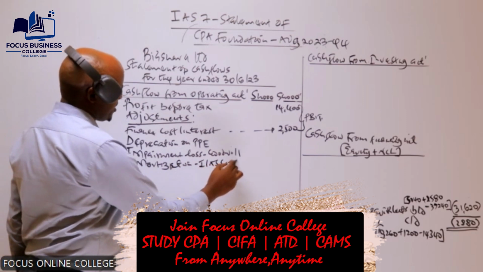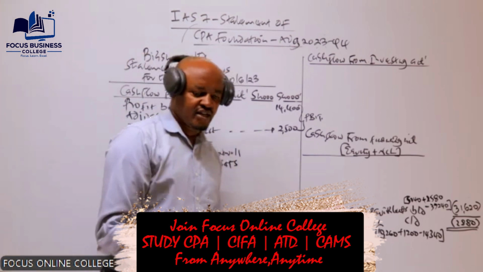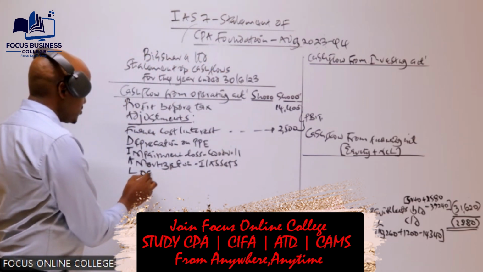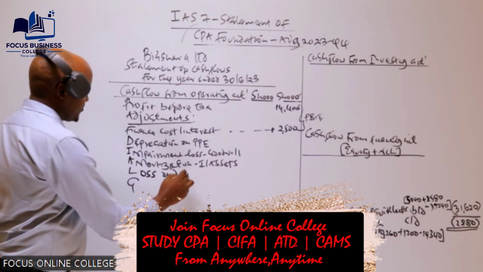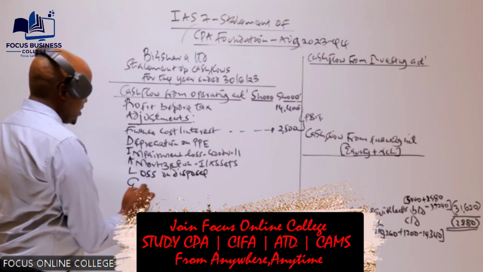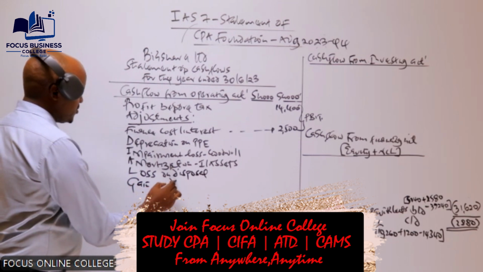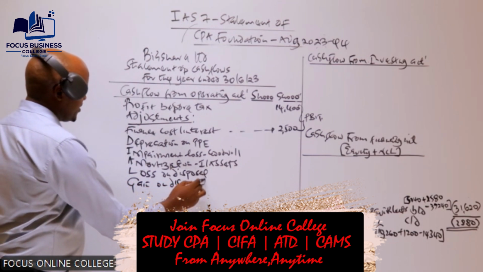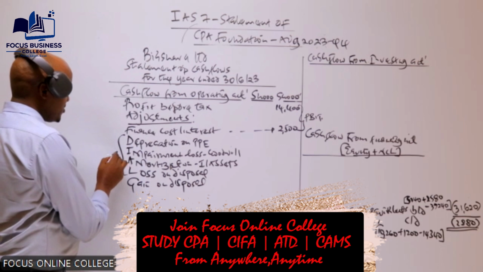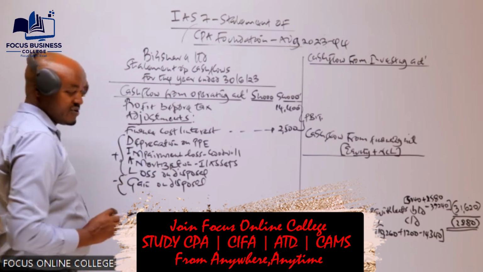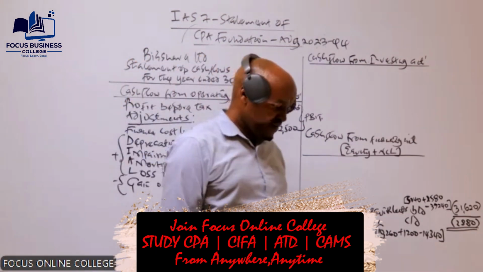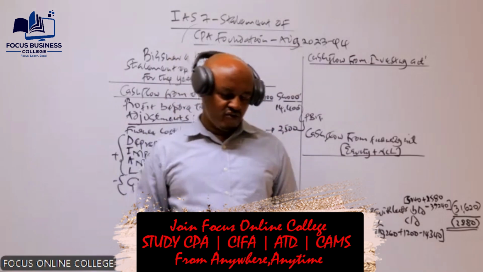Amortization of intangible asset is the decrease in value of intangible assets. And then this is loss on disposal, and this one is the gain on disposal. So these first four items, we add them to the profit, but this one we less. So on the face of the income statement, do we have any of those items on the face?